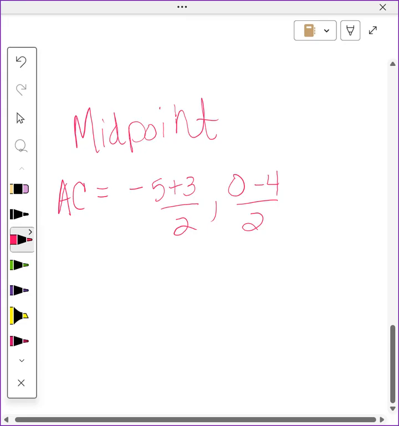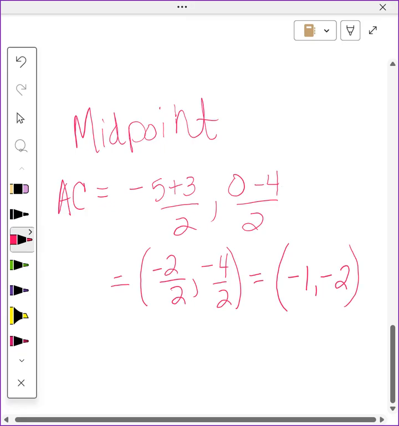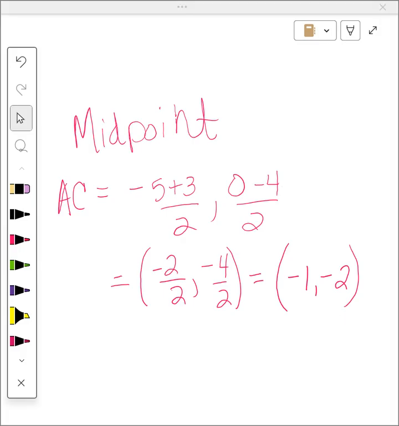Well, negative 5 plus 3 is negative 2. So I have negative 2 over 2. 0 minus 4 is negative 4 over 2. Can I simplify that? Yes, to negative 1 and negative 2. So the midpoint of AC, which has to be written as an ordered pair, is negative 1 comma negative 2. You've got to put it in a parenthesis.